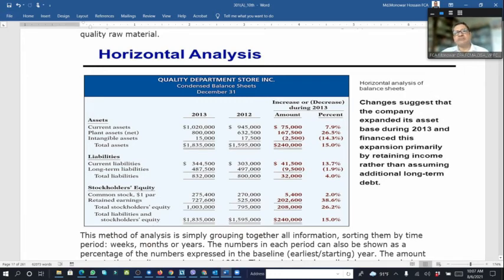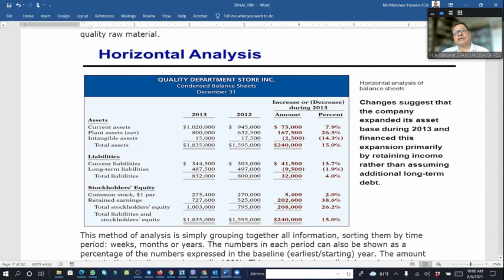What we are analyzing is, if this is the base year, what is the increase in the amount? For example, in year 2012, at the 13th position, current asset increased 75,000, and what is the percentage based on that base year?